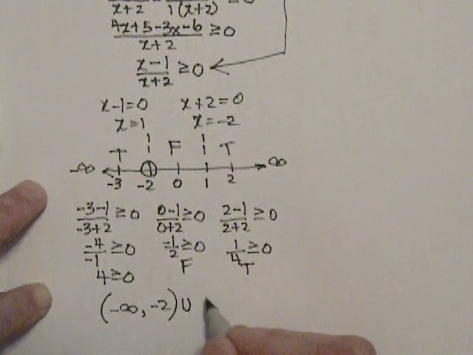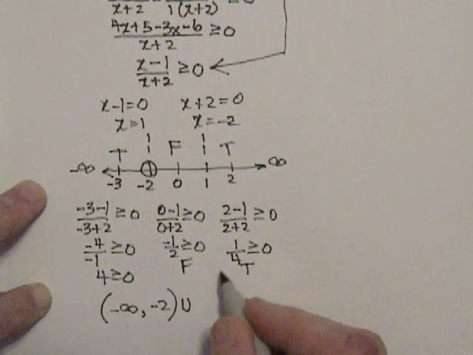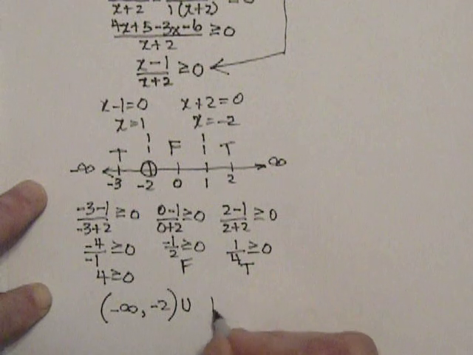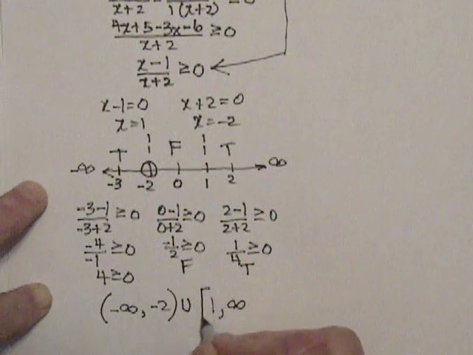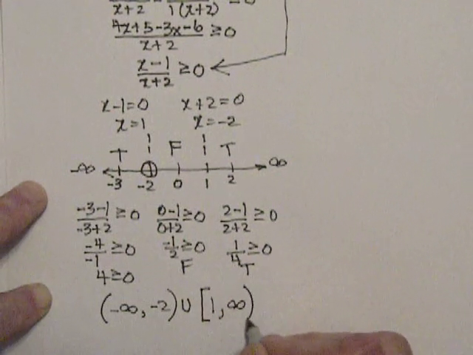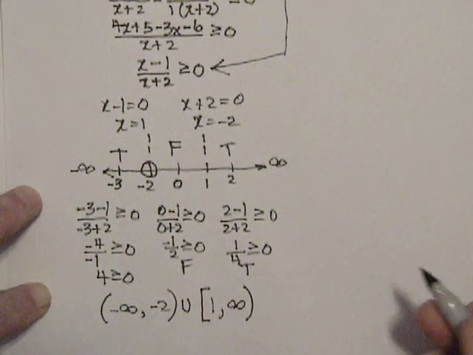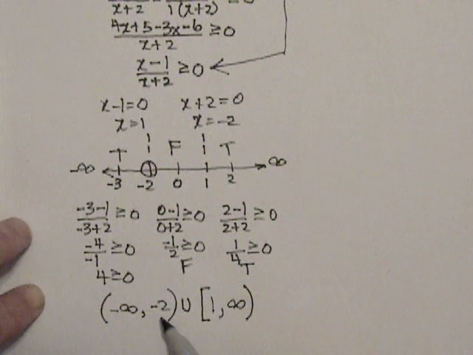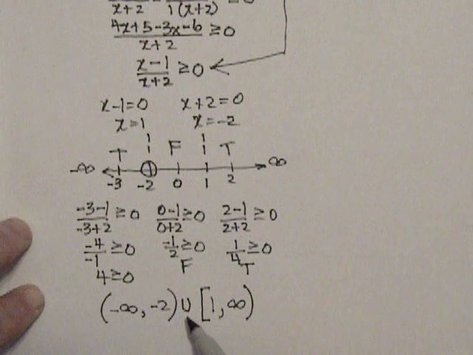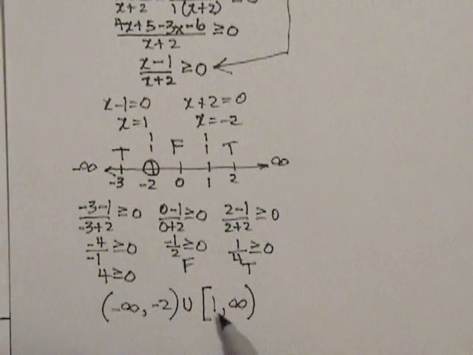Also, another piece of the x-axis that contains solutions would be from 1 to infinity, and I am going to include the 1, not going to include infinity. So, the solutions are from negative infinity to negative 2 exclusive, also from 1 to infinity including the positive 1.